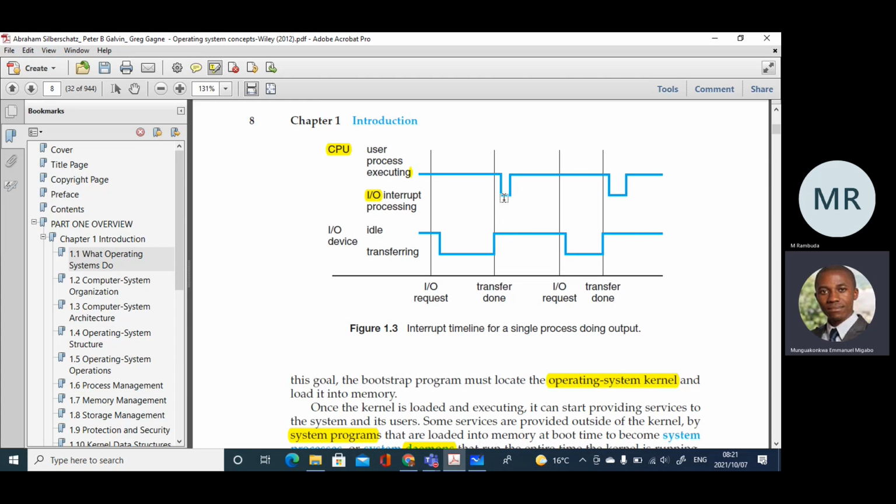But immediately after that, the CPU engages in handling the request, and the line is pulled down while the handling of the IO request is being executed by it. So for the entire period shown from transfer done to the next IO request, that's the moment where on the IO side we transferred the control signal or the request to process.